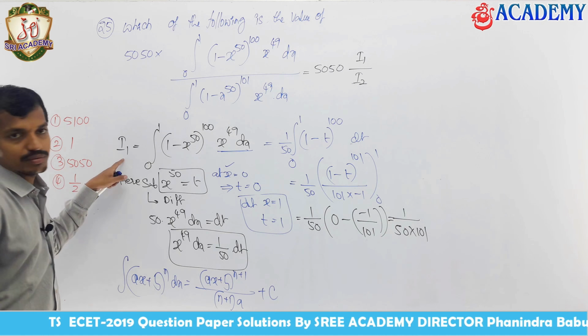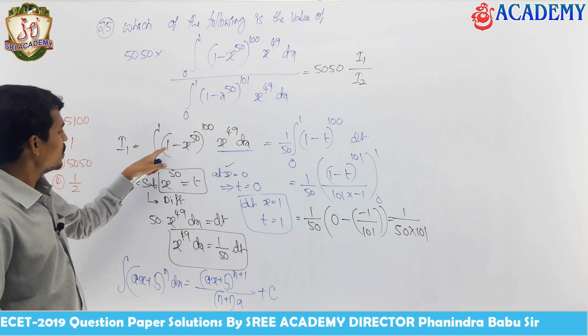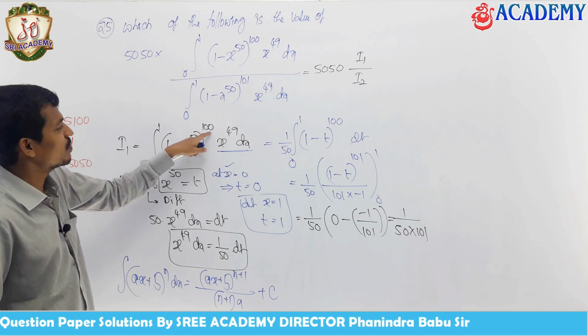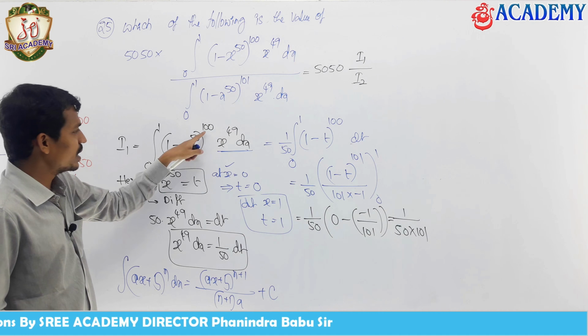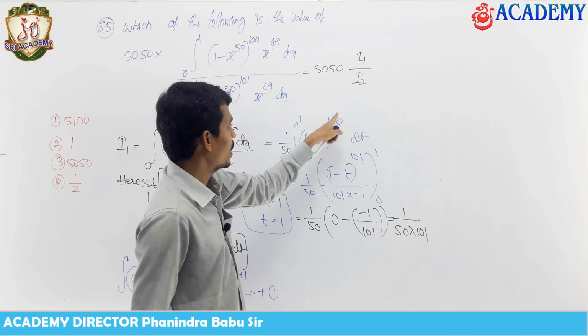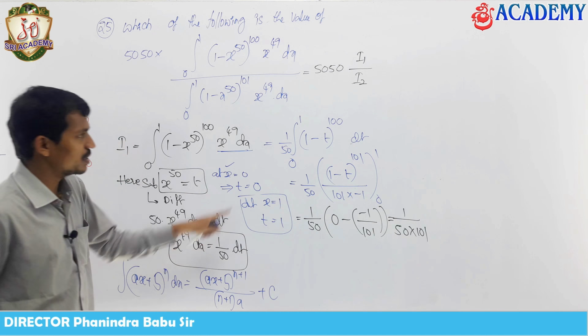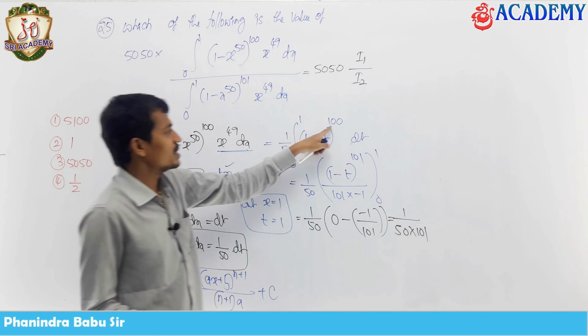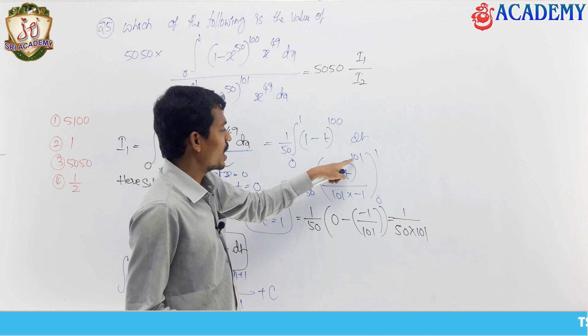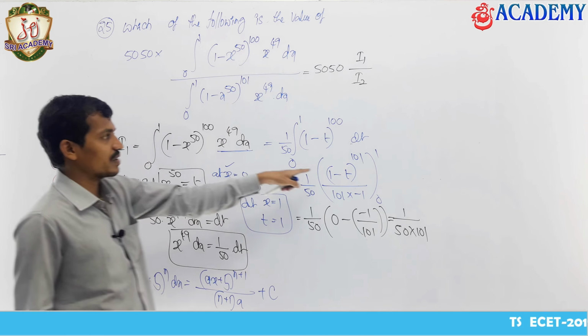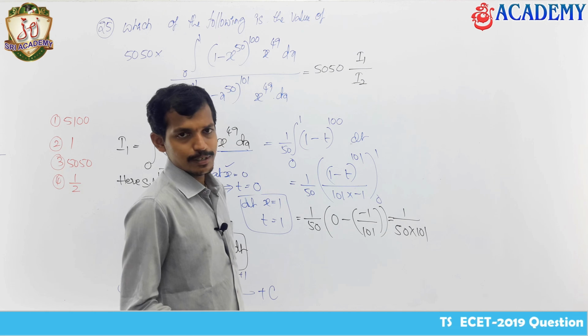This is I1. I2 is what? Simply 1 minus x to the power of 50 whole to the power of 100. Here 101 means you will get 102 here. It's going to be the same thing. In place of 101, you will get 100, you will get 101. 100 plus 1 is 101. 101 plus 1 is 102.